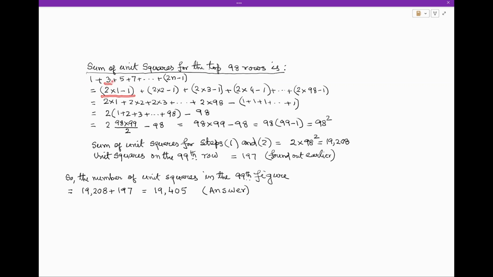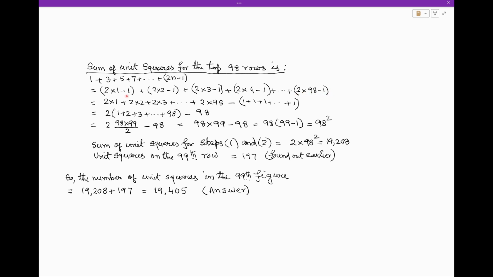The second one is 2 multiplied by 2 minus 1. The third one is equal to 2 multiplied by 3 minus 1. Then the fourth one is 2 multiplied by 4 minus 1. And the last one is equal to 2 multiplied by 98 minus 1.